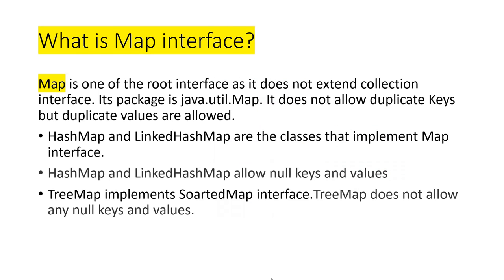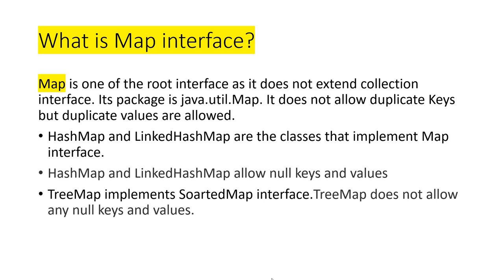So what is a map interface? Map is one of the root interfaces as it does not extend the iterable or collection interface. It is a part of package java.util.map. It does not allow duplicate keys, but two different keys can have the same values.